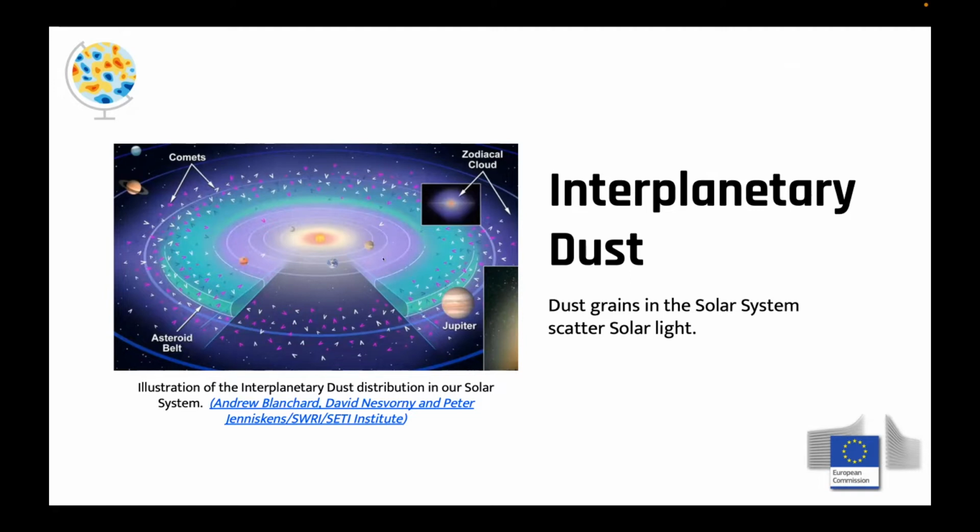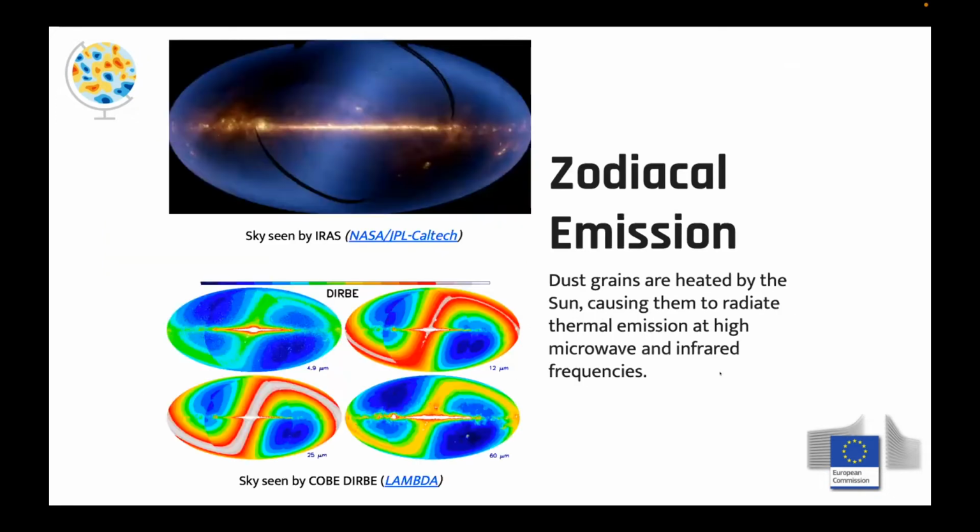In addition to scattering sunlight, these grains are also heated by the sunlight, and as a consequence, they emit thermal radiation, mostly in the infrared, but also at high microwave frequencies. And this becomes a source of contamination for our data.